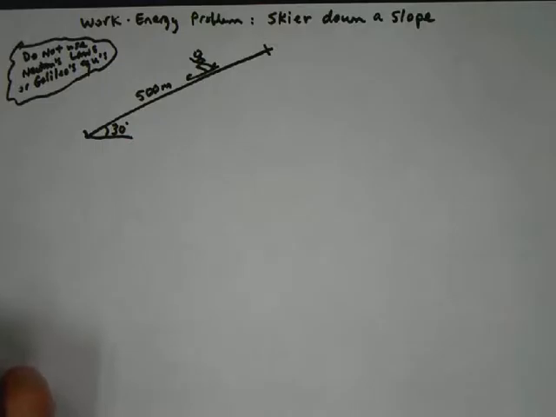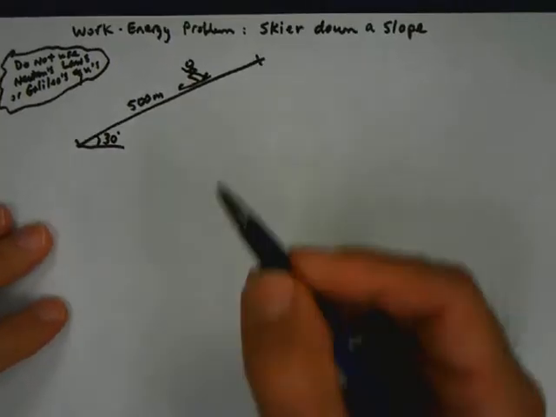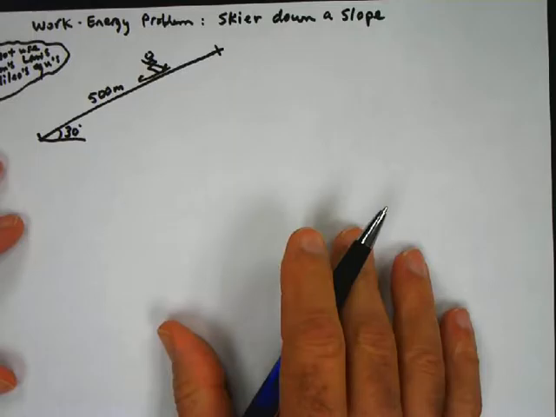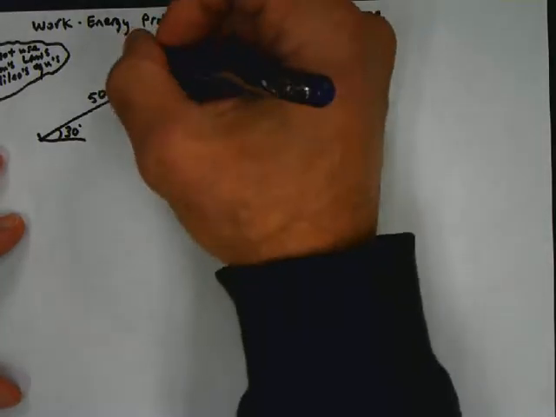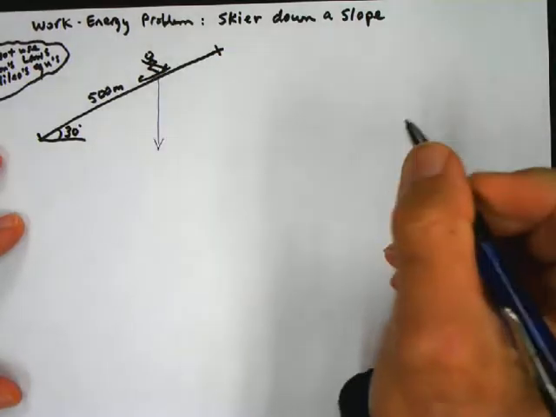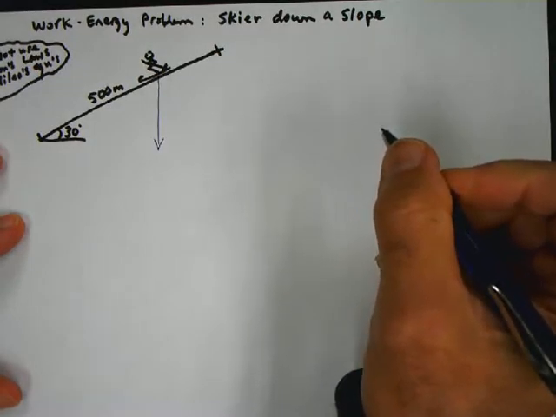Well, the first thing I want to do, now that I said don't use Newton's laws, we're going to have to at least draw a force diagram. Okay, so we have the person's weight. Let's say the person's mass is 60 kilograms.